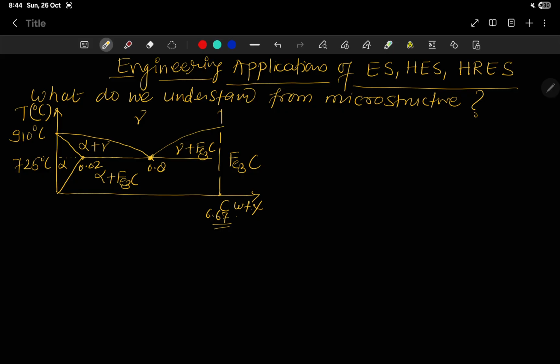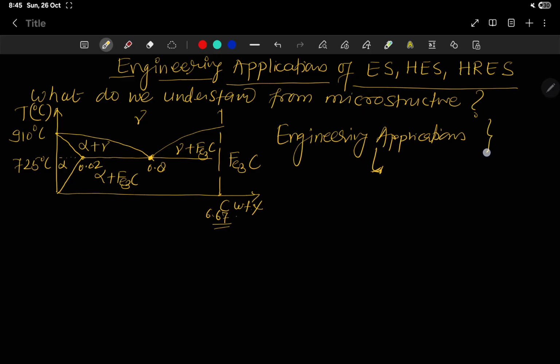Now let's try to see what are the properties in terms of engineering applications, that is, how these materials are used in different industries.